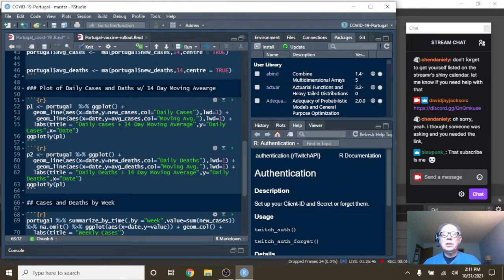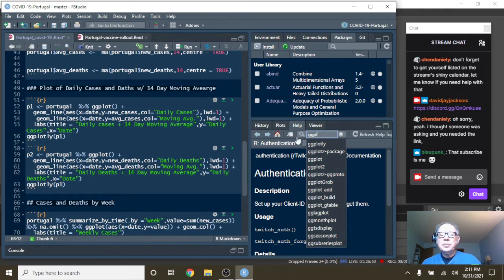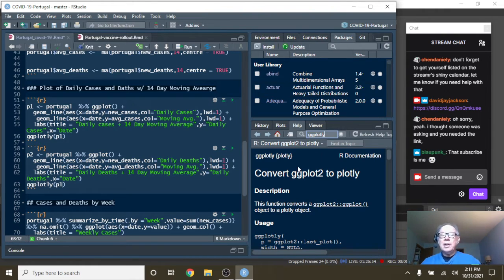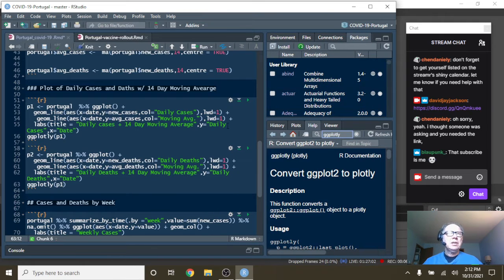Let's take a look. Yeah, so ggplotly actually comes from the plotly package itself.